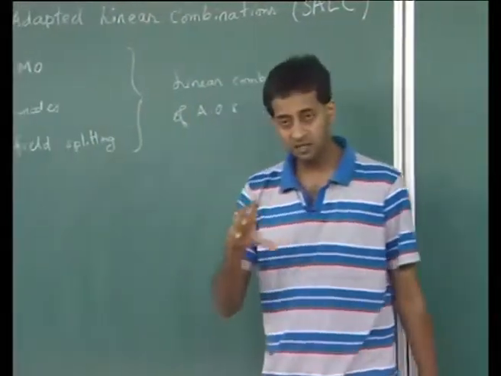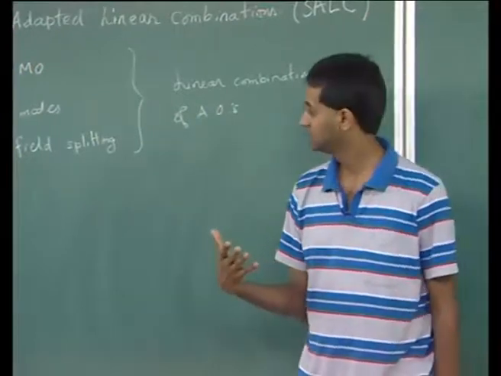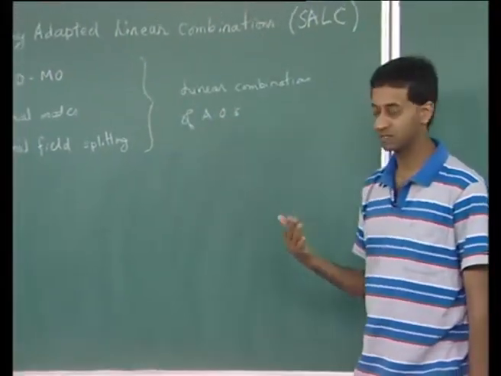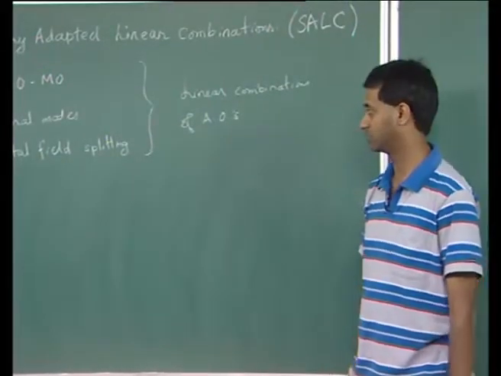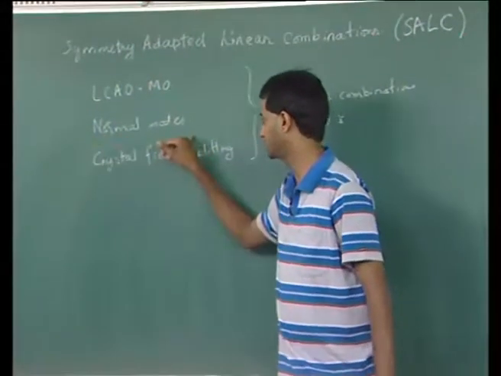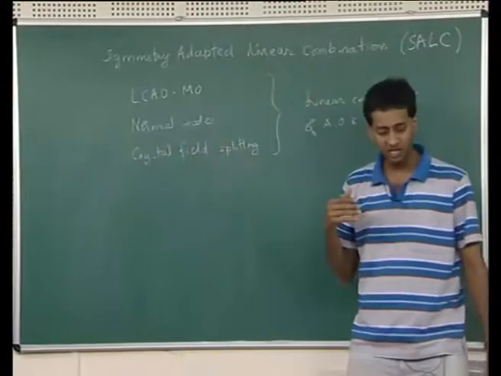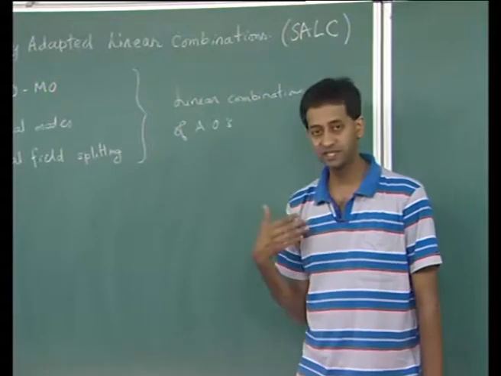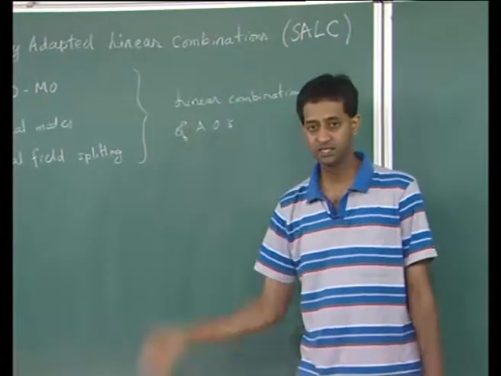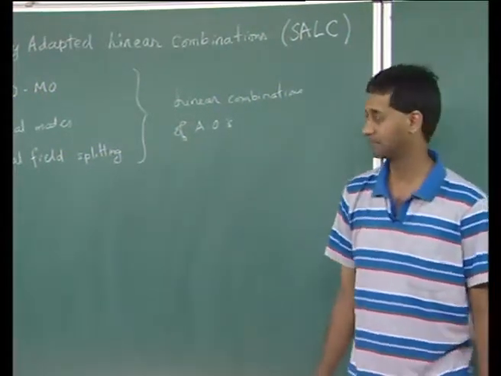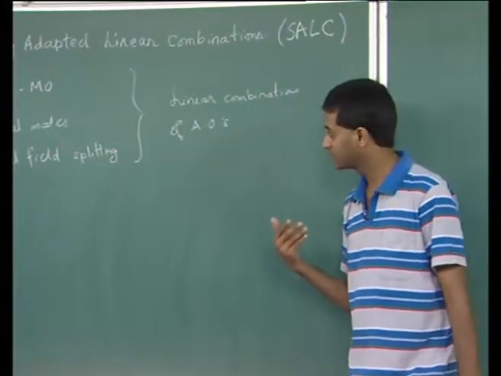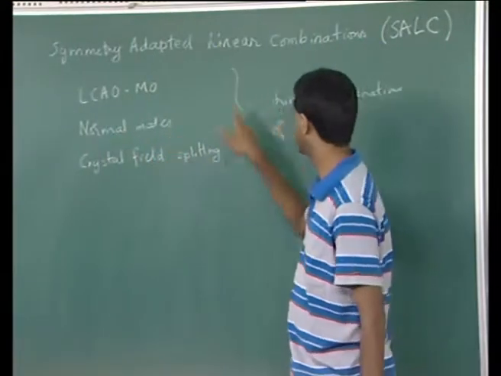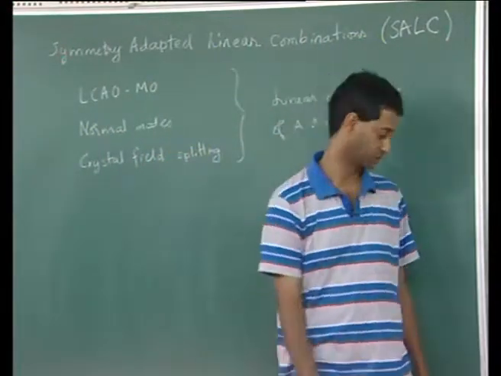Which are the coordinates within the molecule which behave independently during these vibrations? It turns out that normal modes are nothing but linear combinations of the coordinates of the atoms, and we need those linear combinations that again satisfy the symmetry of the molecule.